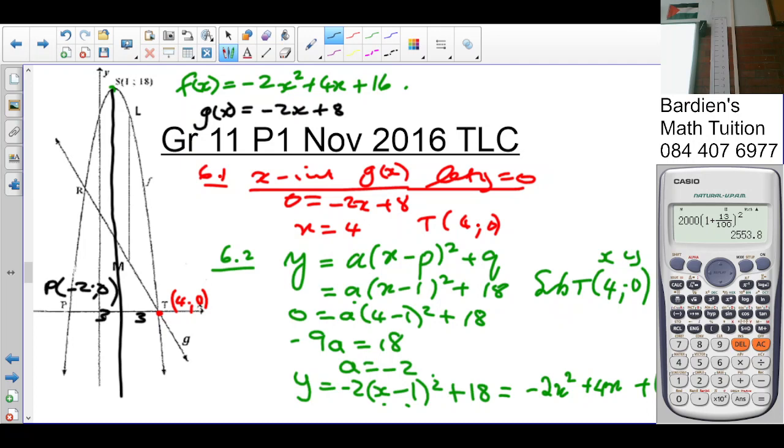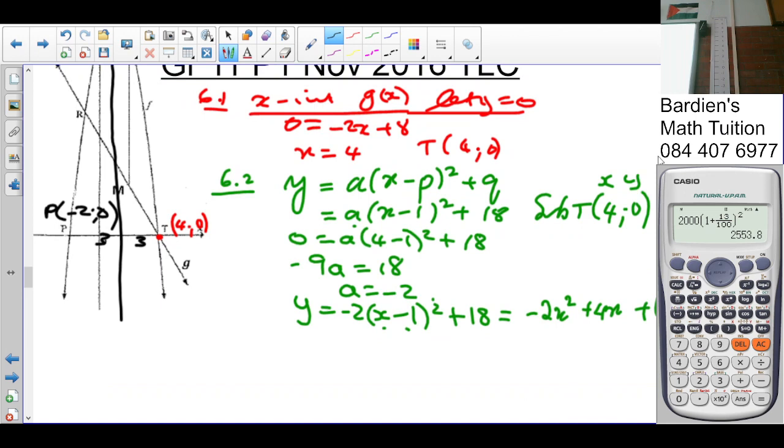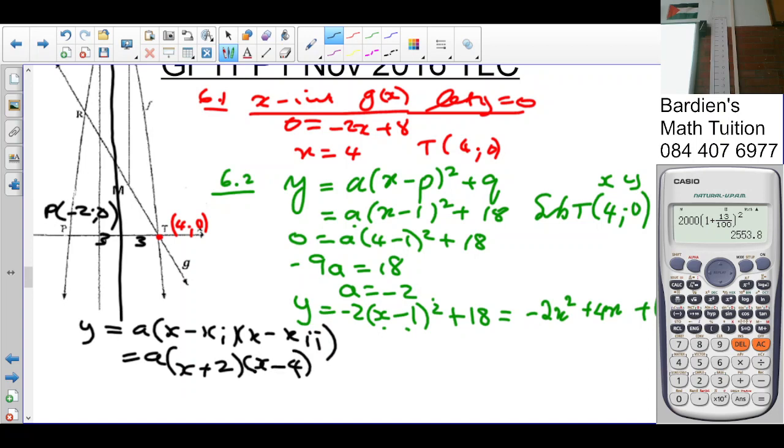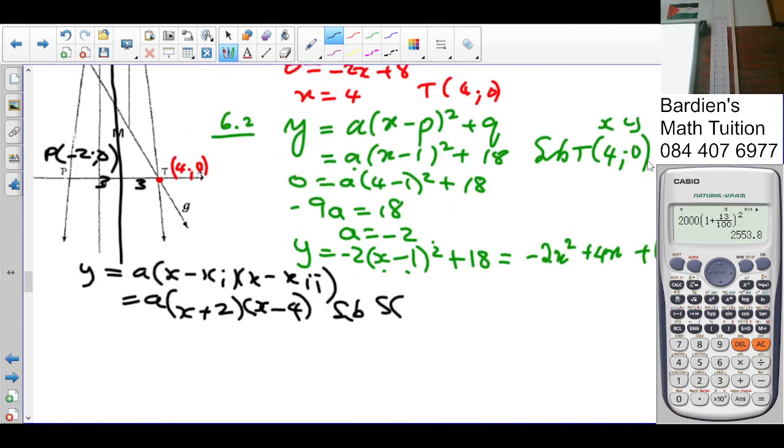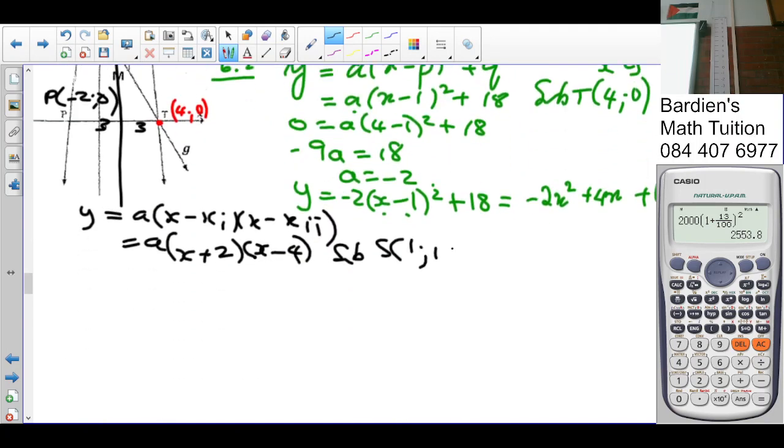Yes. Then you use that other formula that says y is equal to a into x minus x1, x minus x2. Then it's going to be a into x minus negative 2 and x minus 4. And then I substitute s, which was the turning point, which was (1; 18).